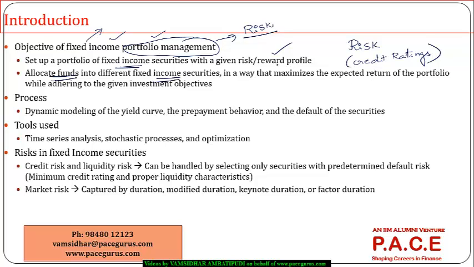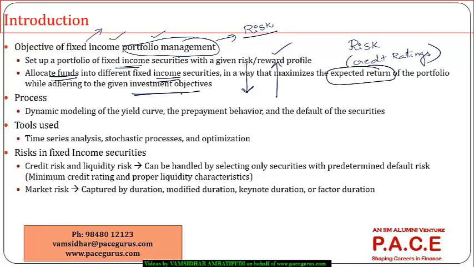Just like any other portfolio management objective, I want to maximize my return and minimize my risk. I want the allocation of funds in such a way that the overall expected return is higher and the risk is as low as possible.